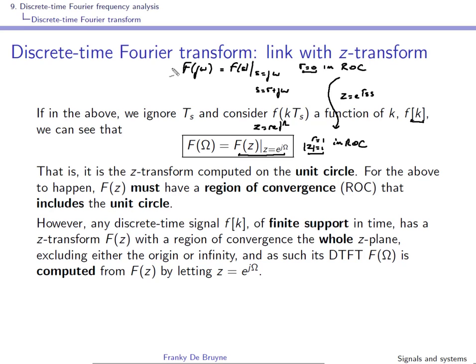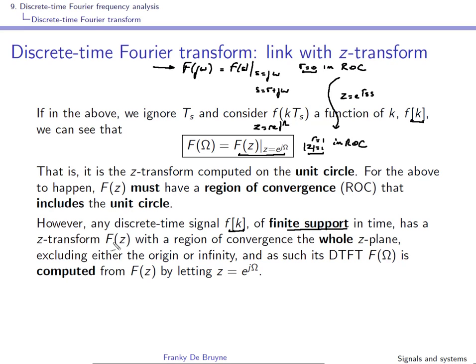We have seen that in the Laplace domain we can always use this trick for functions f of t of finite support, because if a function f of t has finite support, its Laplace transform F of s will have a region of convergence that is the whole s-plane. We'll have something similar for discrete time signals f of k of finite support.